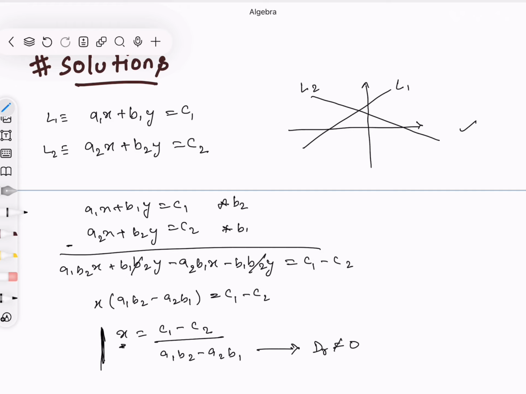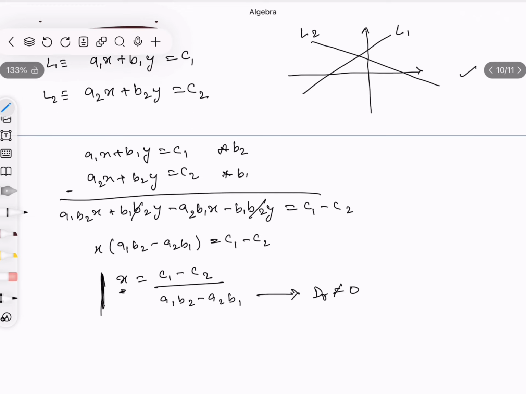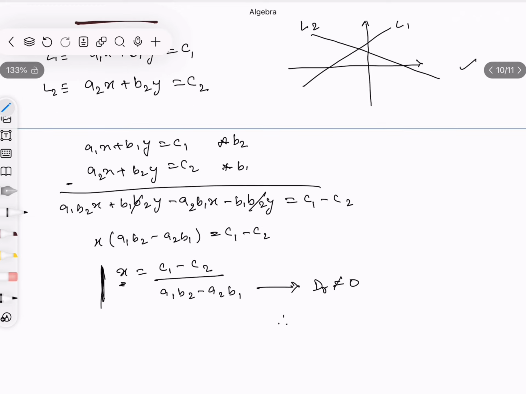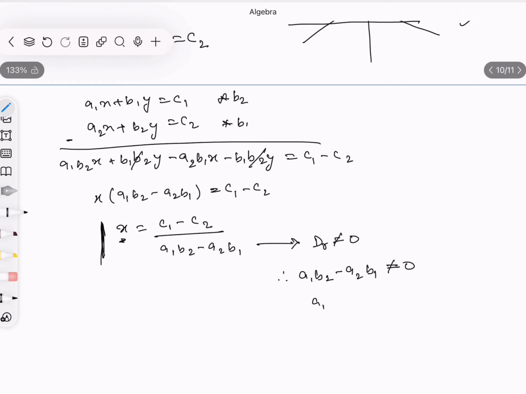So x can never be undefined, and if x is not undefined, that means the denominator cannot be 0. So a1b2 minus a2b1 cannot be 0. If this cannot be 0, let's take this on the right hand side. So a1b2 cannot be equal to a2b1. Now can we write it like this?